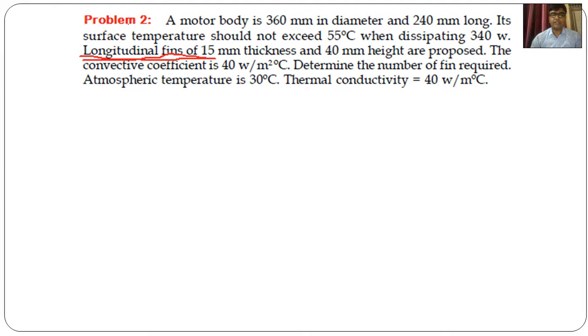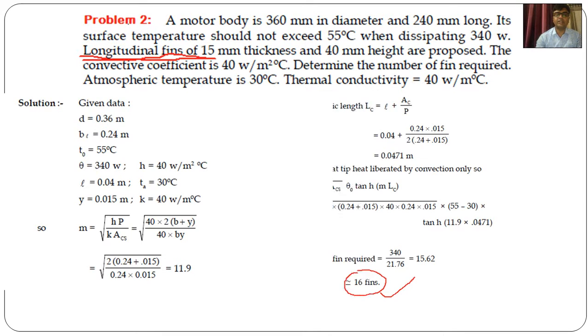Its surface temperature should not exceed 55 degrees centigrade when dissipating 340 watt. Longitudinal fins of 15 mm thickness and 40 mm height are proposed. The convective heat transfer coefficient is 40 watt per meter square degree centigrade. Determine the number of fins required. Atmospheric temperature is 30 degrees centigrade and thermal conductivity is 40 watt per meter degree centigrade.